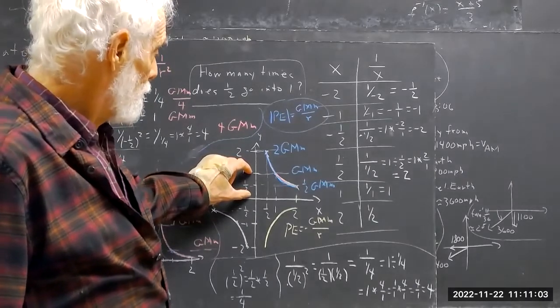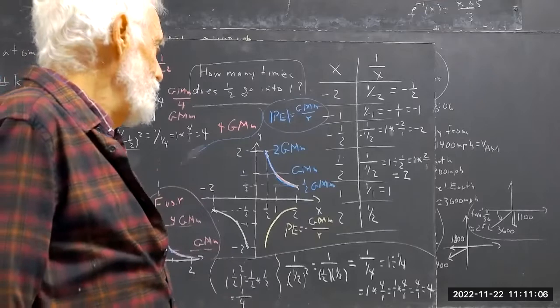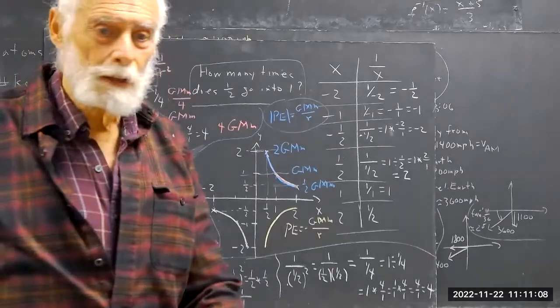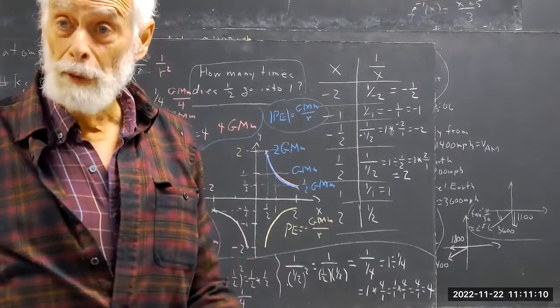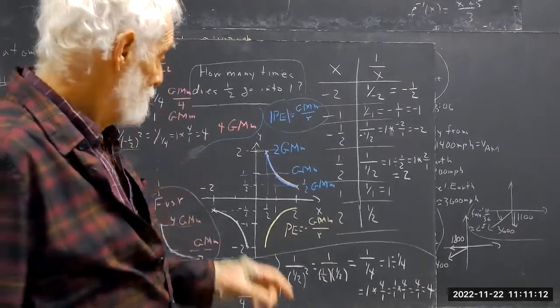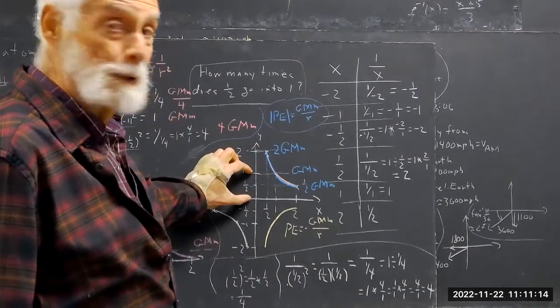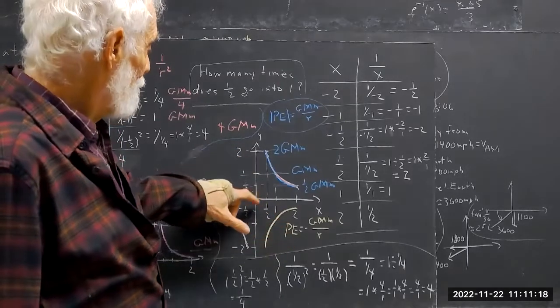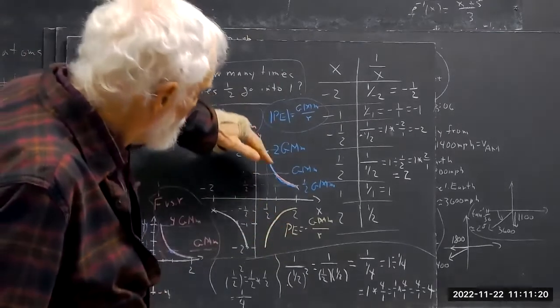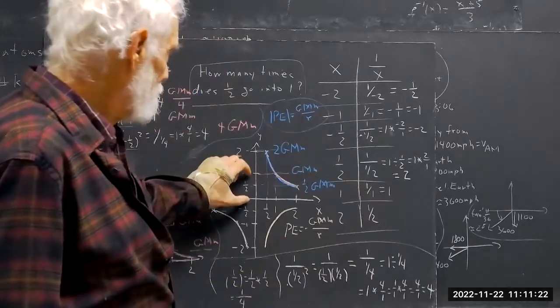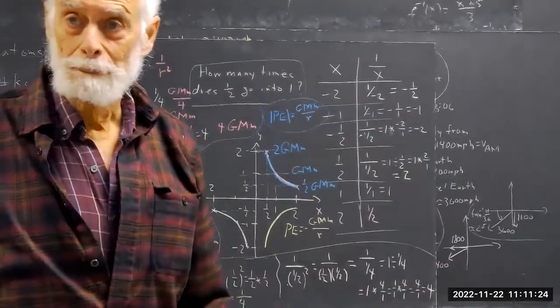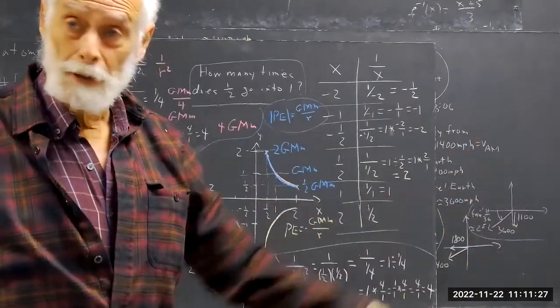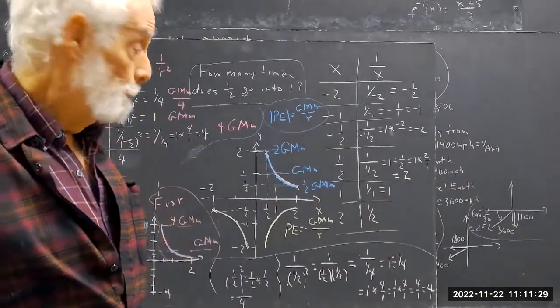And so forth. And to boost the rocket so far that it never comes back, you need at least this much, because that gives it enough energy. Well, this thing never touches the x-axis. That gives us enough energy to go forever, assuming it doesn't run into anything.